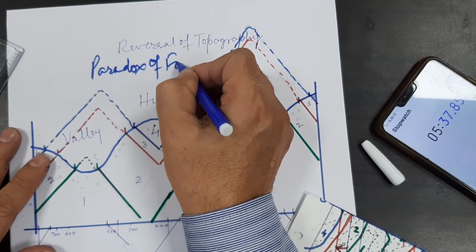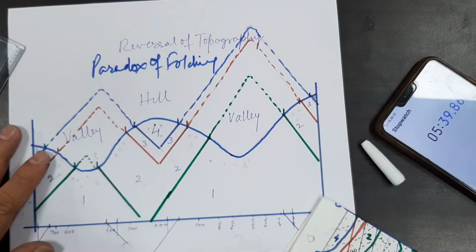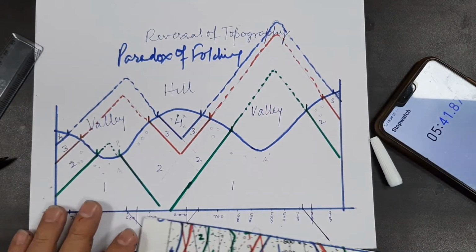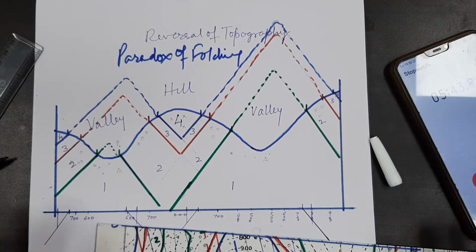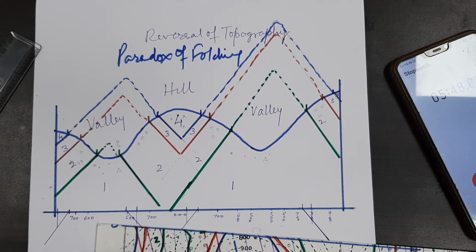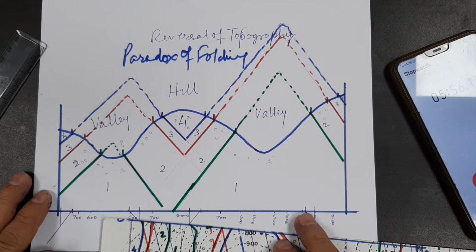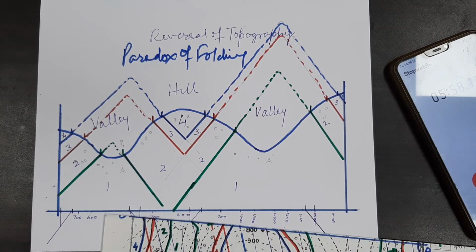Most of the hills, including the Himalayas, which are thought to be the youngest mountain system, have got their topography reversed because of folding and excessive erosion along the anticline as compared to the syncline. So this is the solution I have given you.